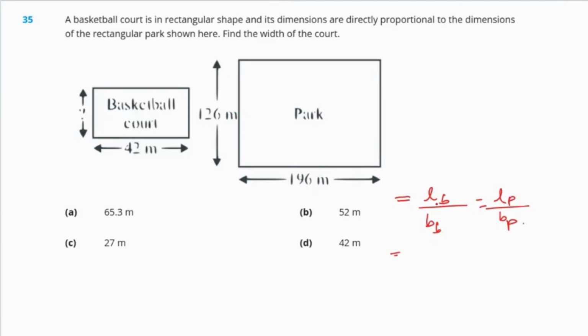Length of the basketball court is given as 42, by breadth, which we don't know and take as x, which is equal to length of park 196 and breadth of park 126.